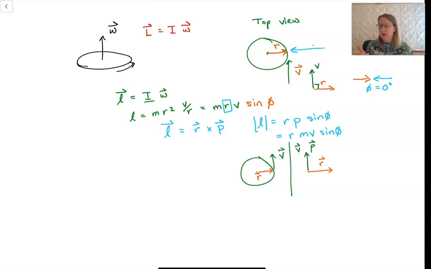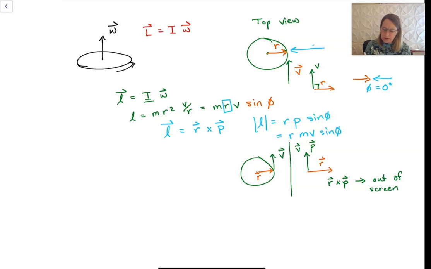If we do our right-hand rule, with r along the first finger and momentum p along the second, then that gives us an angular momentum L that's out of the page. So when I do r cross p with my right-hand rule, the direction is out of the screen. Check that you get that answer.